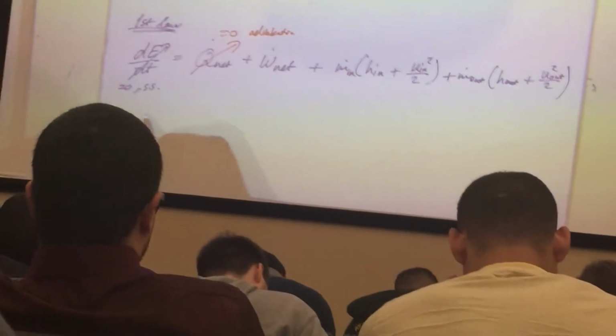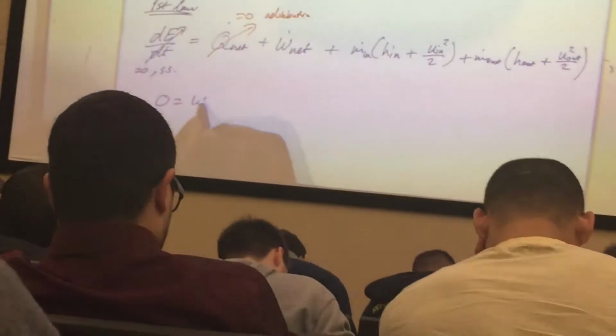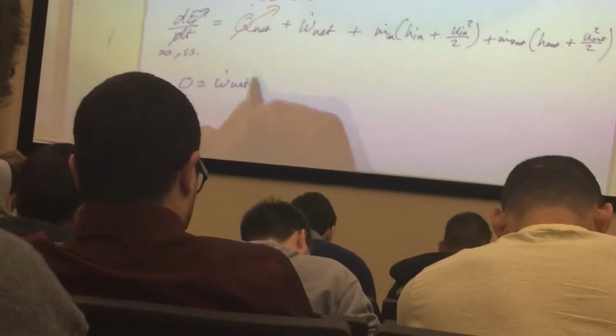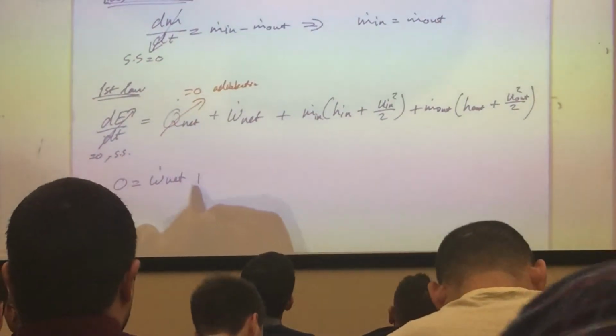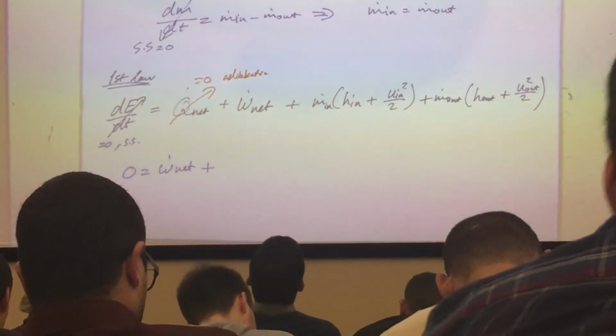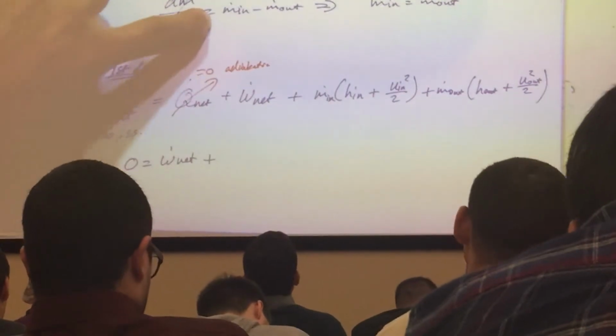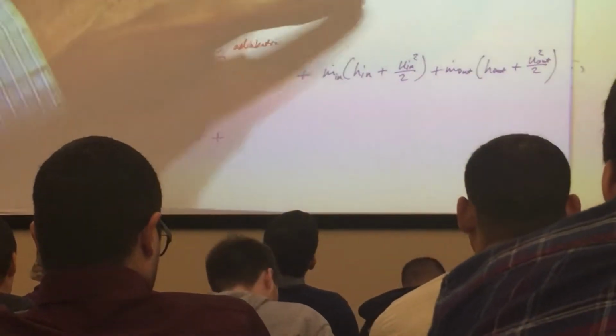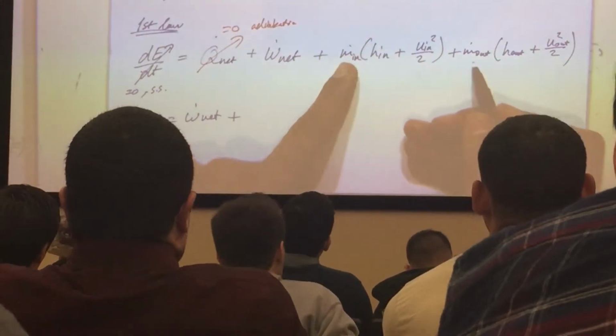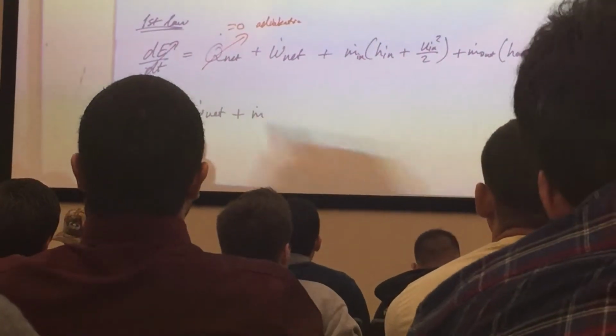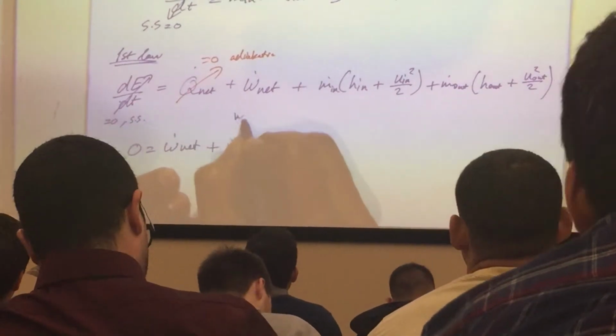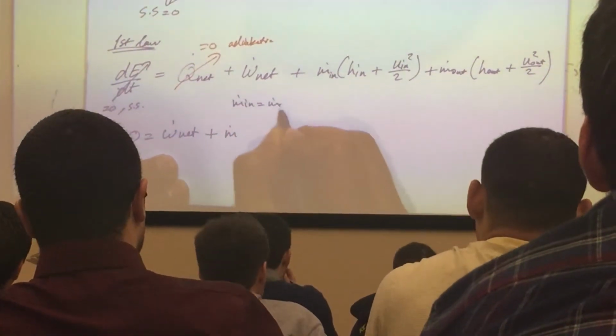I'm going to get 0 is equal to W net plus mass in versus mass out. Based on this one-dimensional form, if I'm not introducing any formula, I'm going to say m dot in is equal to m dot out. So these two are equal, so I could just say m dot. So I could say m dot in is equal to m dot out is equal to m dot.